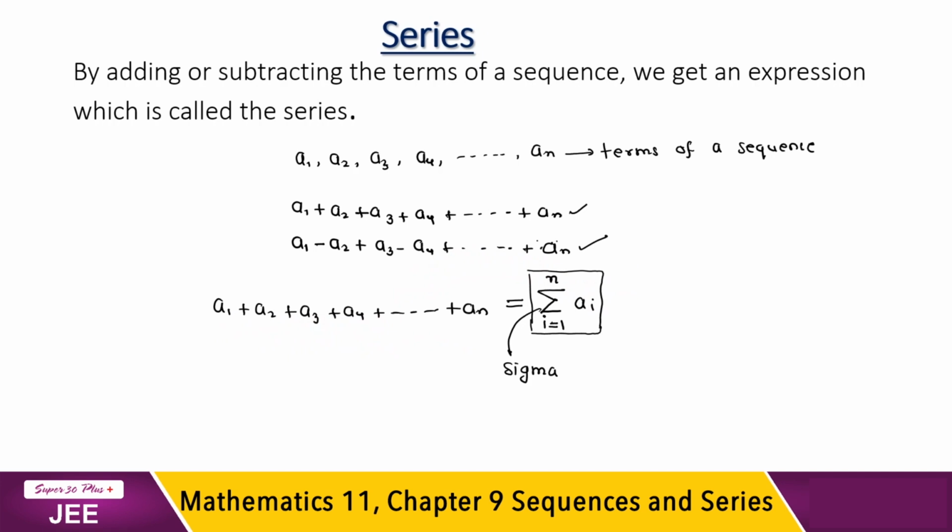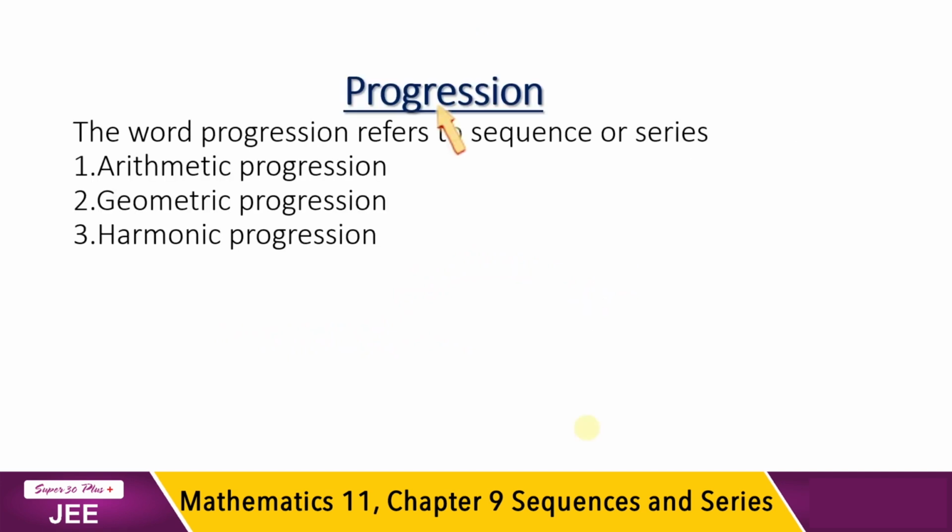Alright, let's move further and understand the word progression. Now the word progression simply refers to a sequence or series. It is referred to with the help of a sequence or a series. Now there is a basic difference between progression and the word sequence.